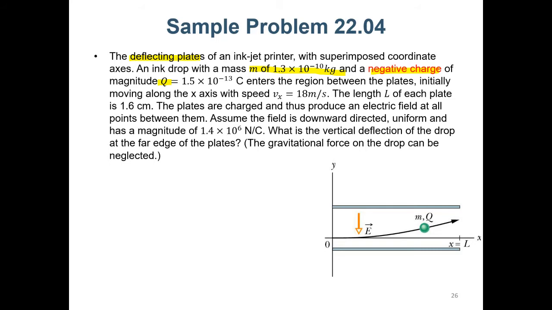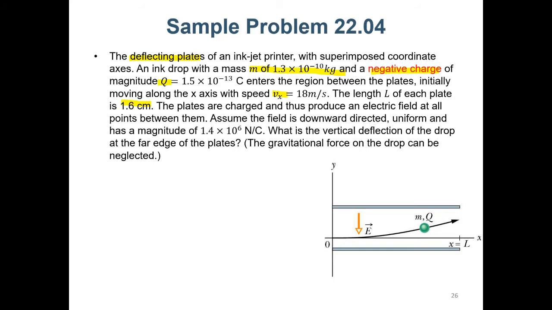Initially moving along the x-axis to the right-hand side, with the speed vx. The length of each plate is 1.6 centimeter. The plates are charged and thus produce an E field at all points between them.